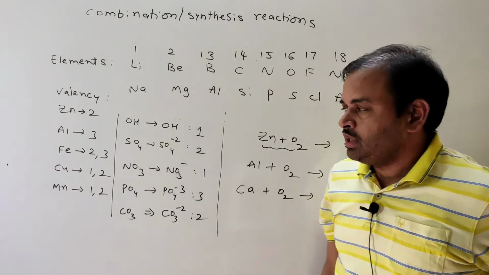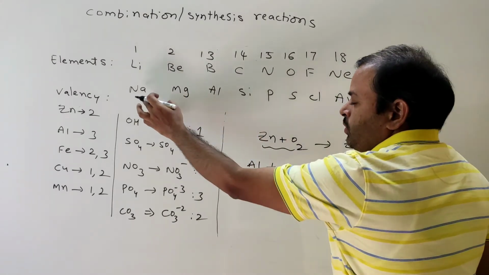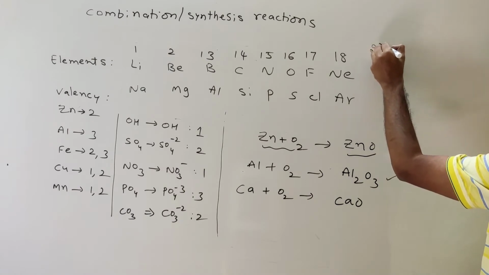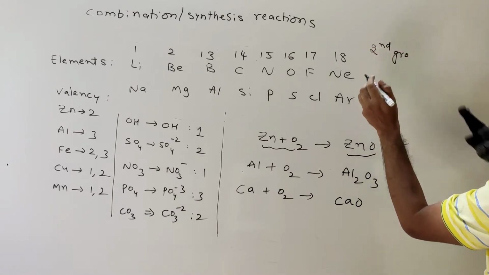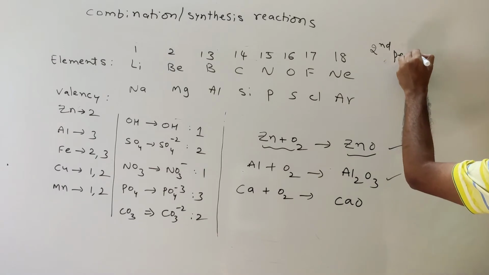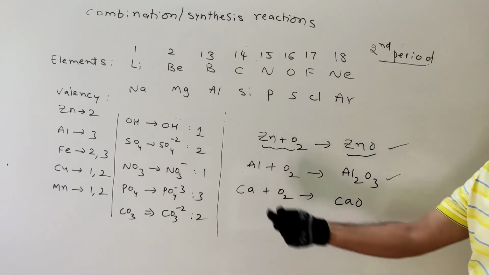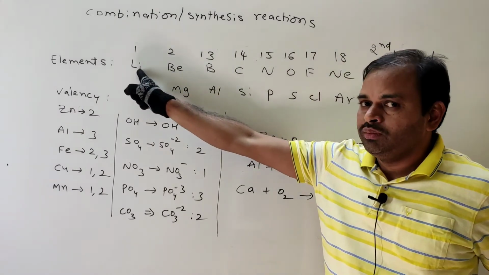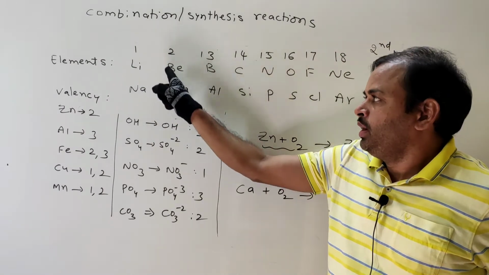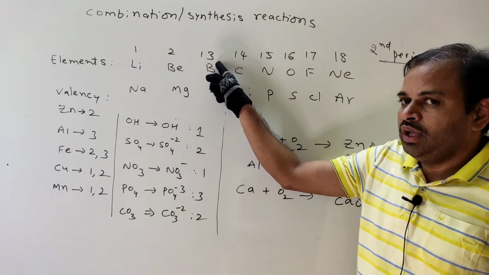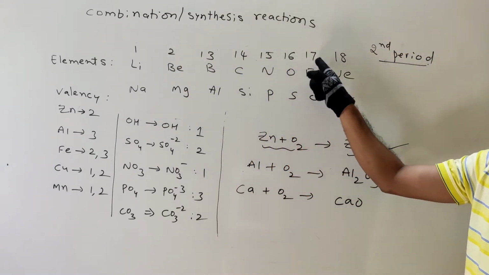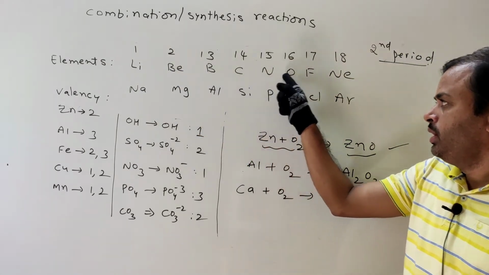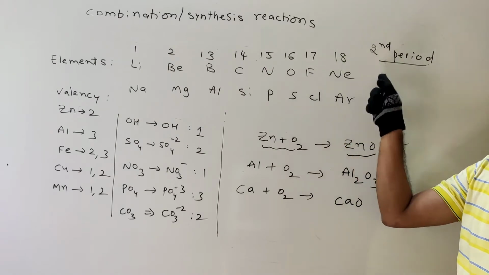Now what is valency? What is the valency of elements? Here I am taking the second period, lithium to neon. Lithium is the first group, and then the 13th group, 14th, 15th, 16th, 17th, 18th: lithium, beryllium, boron, carbon, nitrogen, oxygen, fluorine, neon.